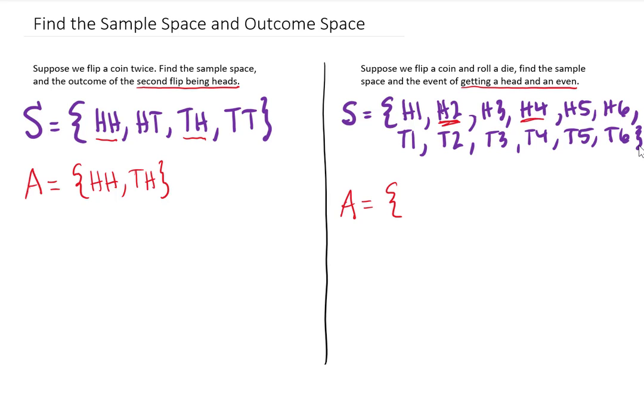Not H3, but yes to H4, no to H5, yes to H6, and none of the other 6 options because none of those had a head, right? They all had tails. So our event space this time would be H2, H4, and finally H6. And those would be the 3 outcomes, the 3 pieces or elements that would show up in our event space.